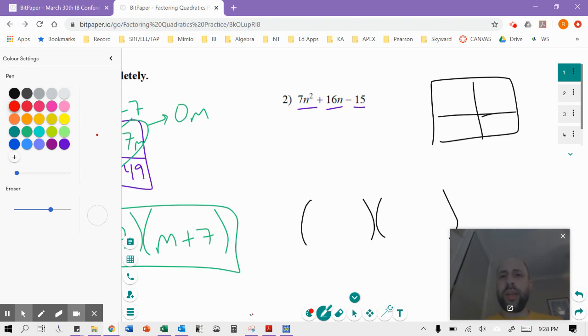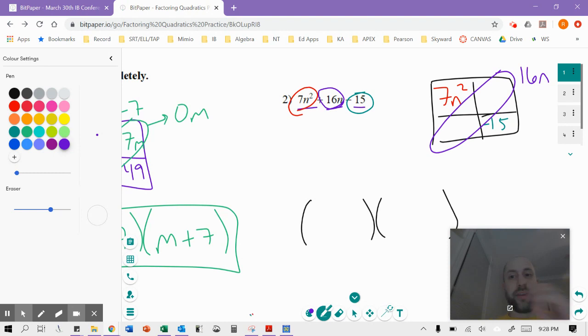So for this one, we have 7n squared as that term. We would have the negative 15 here, and then it's that middle term, the 16n, that those two spots have to add up to.